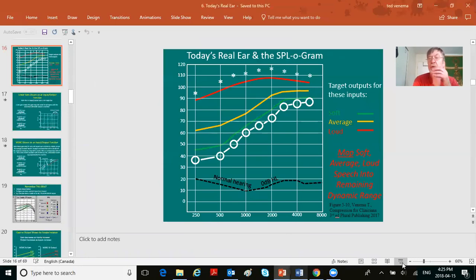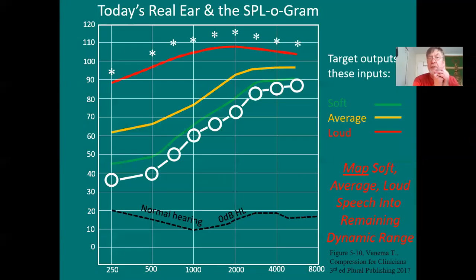This is the most important slide of this entire PowerPoint, right here. This is what you're trying to do with any fitting method, whether it's NAL 1, NAL 2, DSL 5. This is meant to be a generic, average, desired result. This is what you want when you're speech mapping.